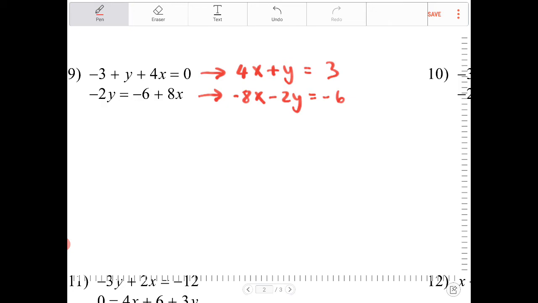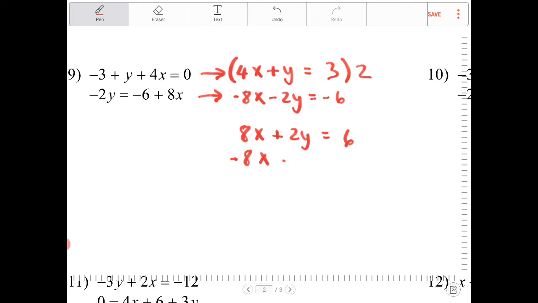So what am I going to do? I'm going to multiply the top equation by positive 2. If I do that, I'll end up with 8x plus 2y is equal to positive 6. And then the bottom equation is negative 8x minus 2y is equal to negative 6.